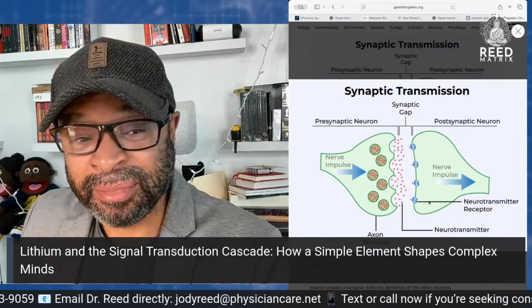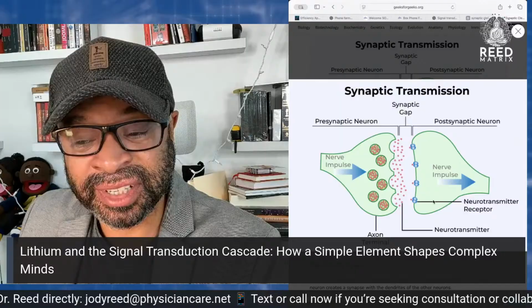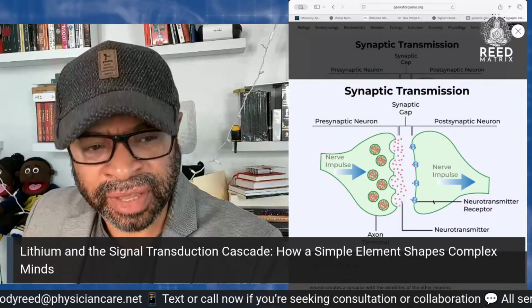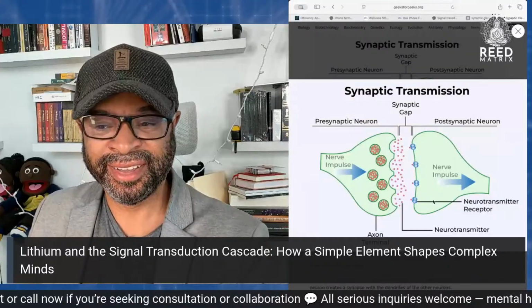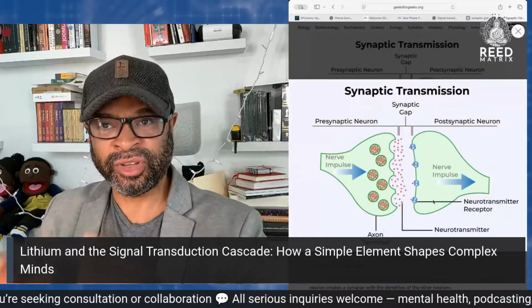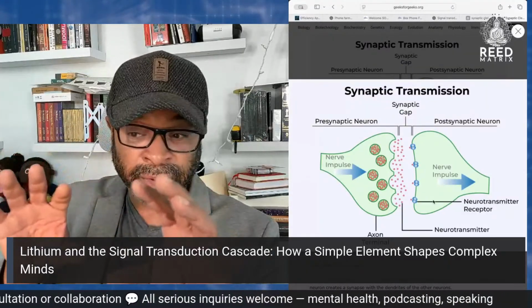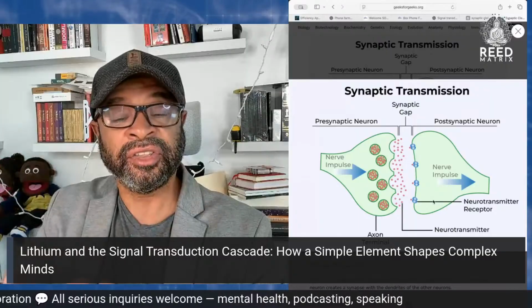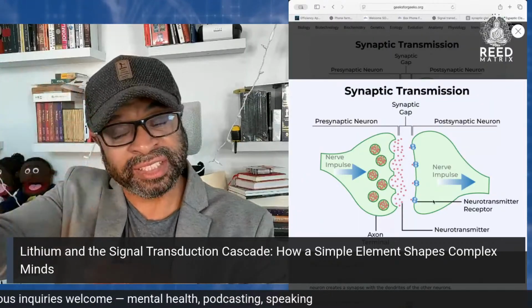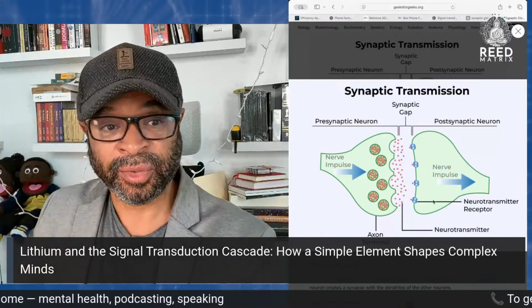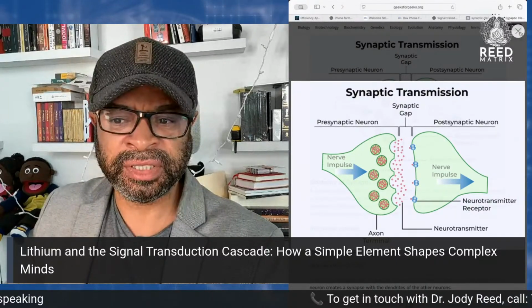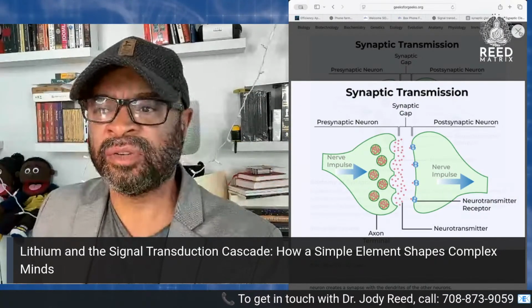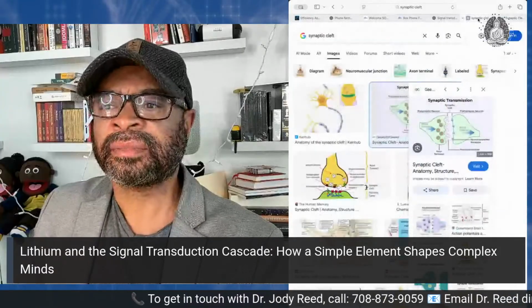But the mechanism that transfers the signal could be disrupted, and that's what lithium is for, right? So you're giving someone medications and the receptors are not working, so you give them lithium. Lithium works on that signal transduction cascade after the reception. That's what we're going after, and this is what we're going to look at, the signal transduction here.